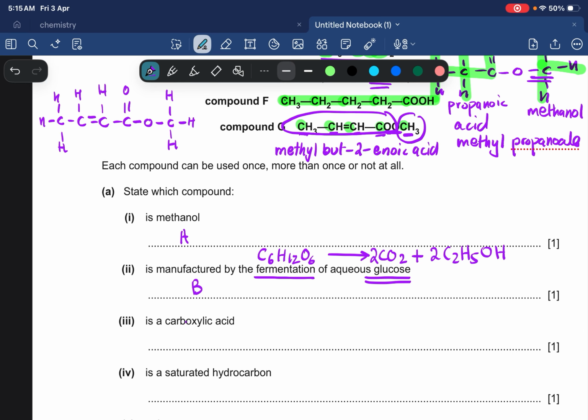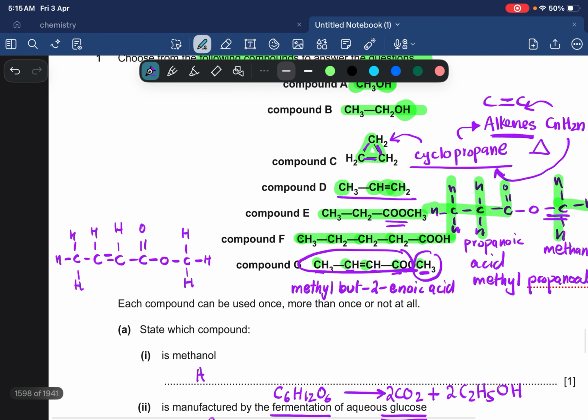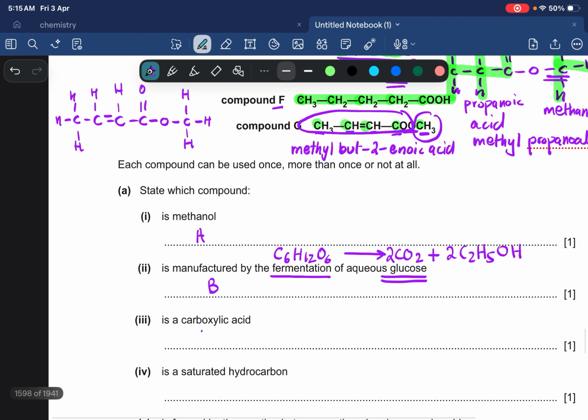Is a carboxylic acid this pentanoic acid? Option F. Is a saturated hydrocarbon? Hydrocarbon means nothing except carbon and hydrogen. You can add nothing else.